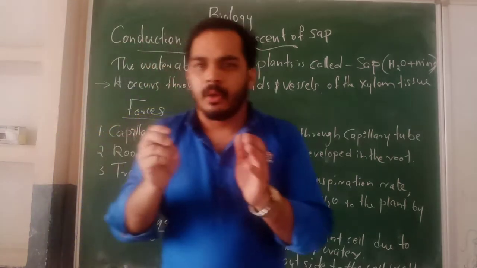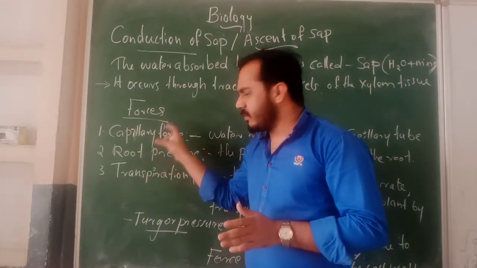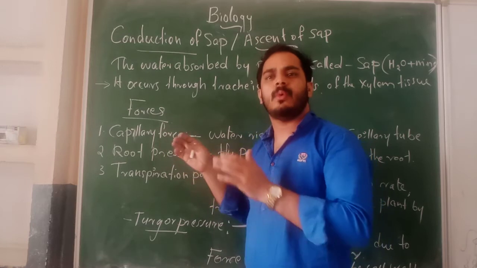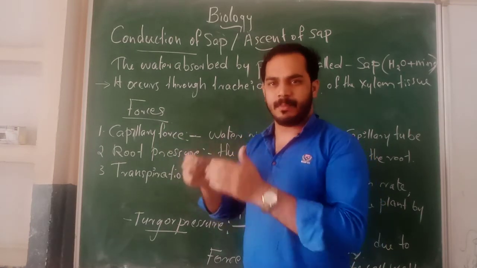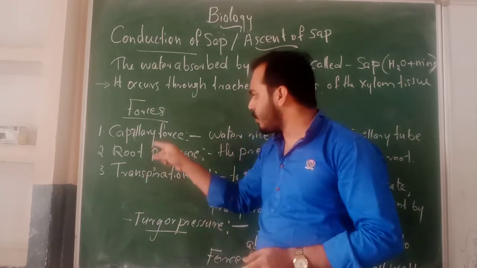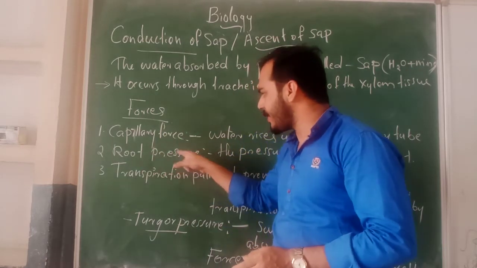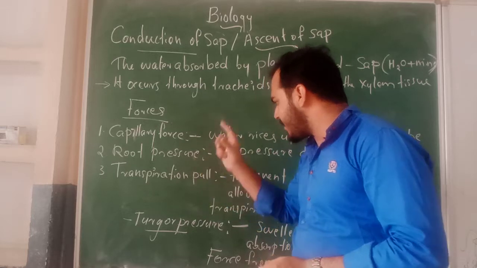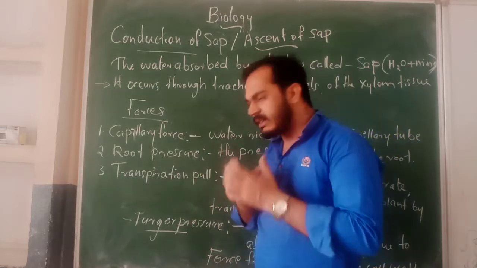Okay. So these are the main forces, the main processes for transferring the water from the root to the plant body. First one, capillary force. Second one, root pressure. Third one, transpiration pull. Here there is also turgor pressure.